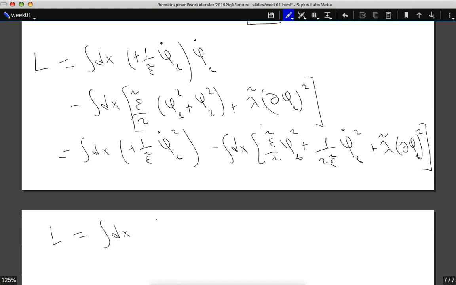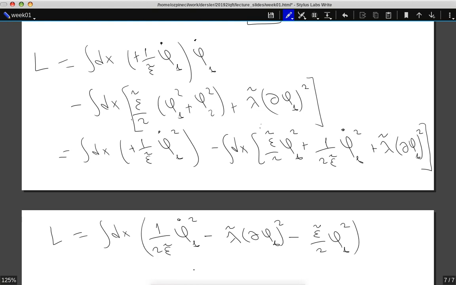So my Lagrangian is now dx 1 over 2 epsilon tilde phi 1 dot squared minus lambda tilde derivative of phi 1 squared and minus epsilon tilde over 2 phi 1 squared.